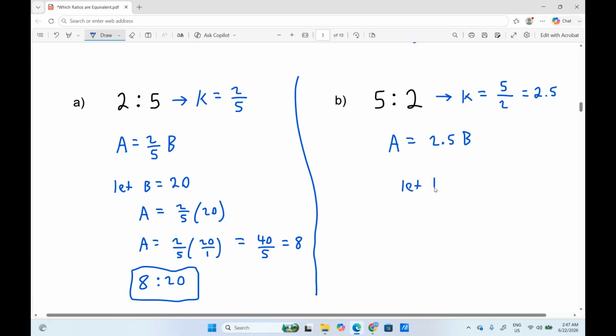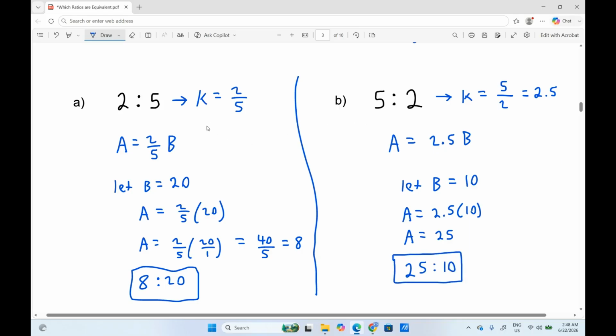How about we let b be equal to 10? If b equals 10, then a equals 2.5 multiplied by 10, and 2.5 times 10 is just 25. So a would be equal to 25. That means for a to b, 25 to 10 would be an equivalent ratio.